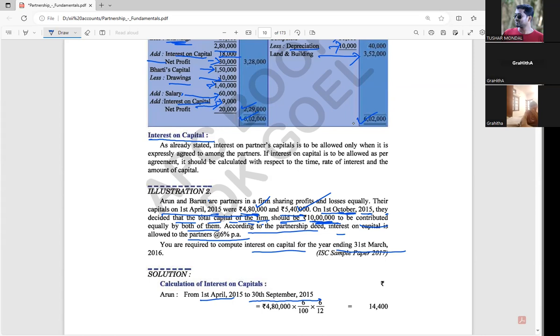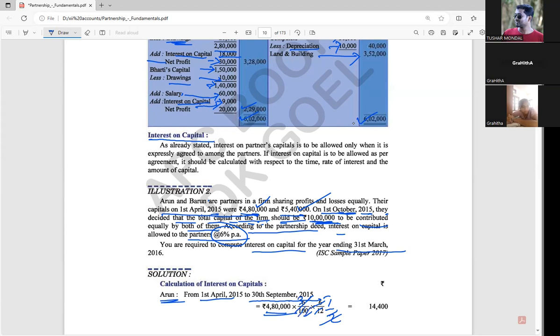So now see, up to September, that means 6 months. I am calculating interest on capital for Arun. 4 lakh 80,000 into 6%. The percentage is also given here. So 6 by 100, and this is for 6 months, 6 by 12. Is that fine? Cut 1 by 2, cut 3.